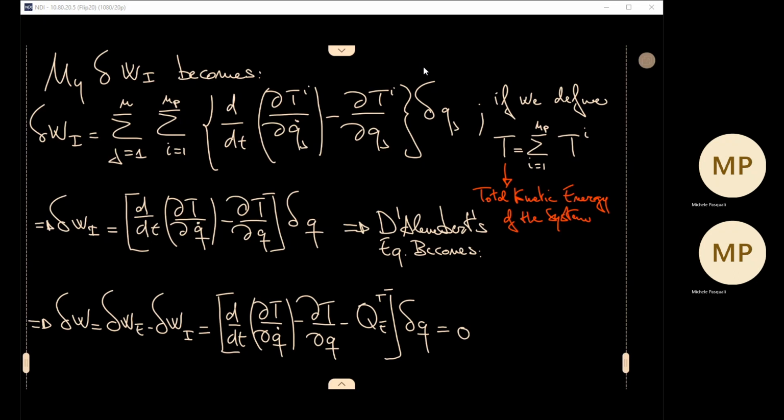Because here, remember that this is QE transposed applied over delta q. Okay.